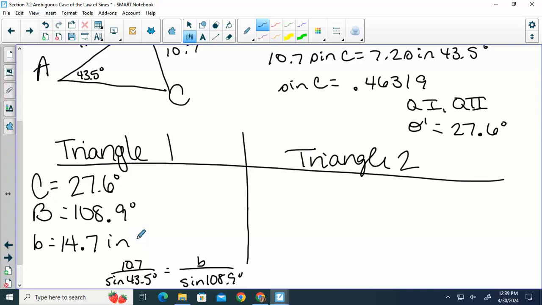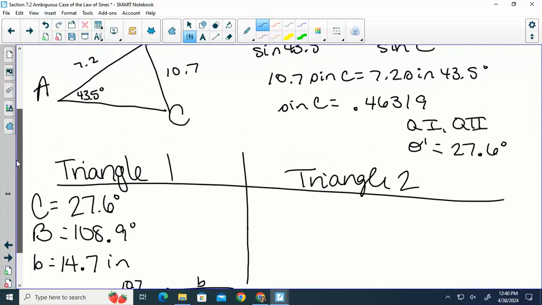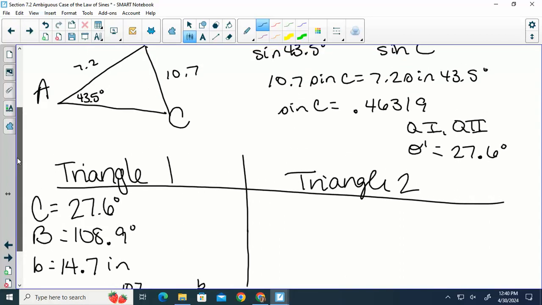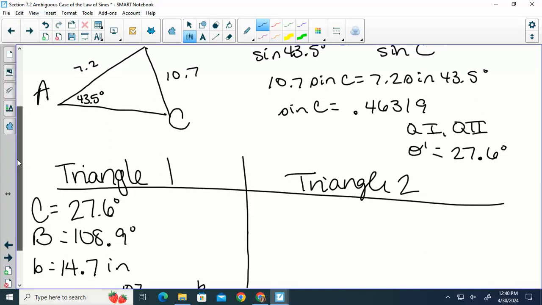Check it. Biggest angle is angle B. Is side B the biggest side? Yes. Smallest angle is angle C. Is side C the smallest side?